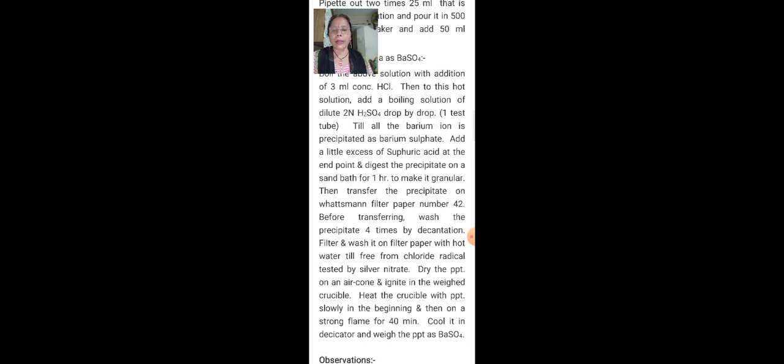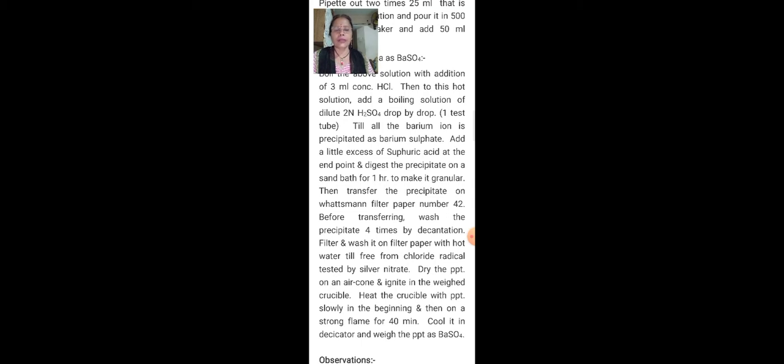If chlorine remains in the flask or solution, it can interfere with the weight of the product, so we have to be confident that we removed all the chlorine from the solution. We test the filtrate that comes out of the funnel during washing with silver nitrate.